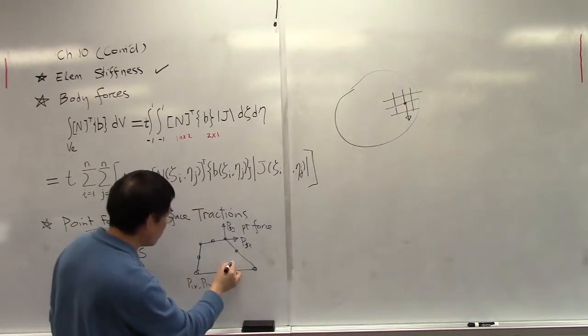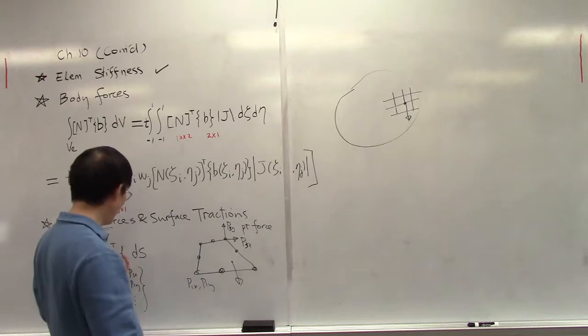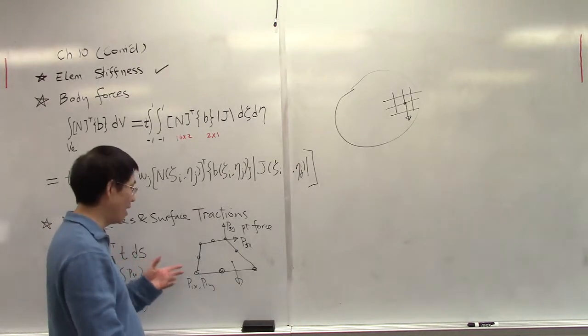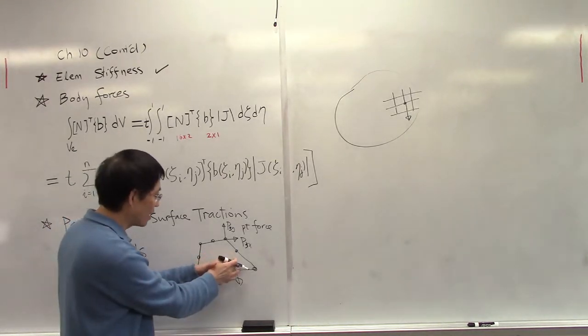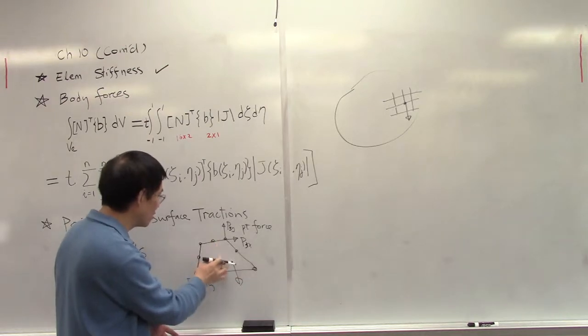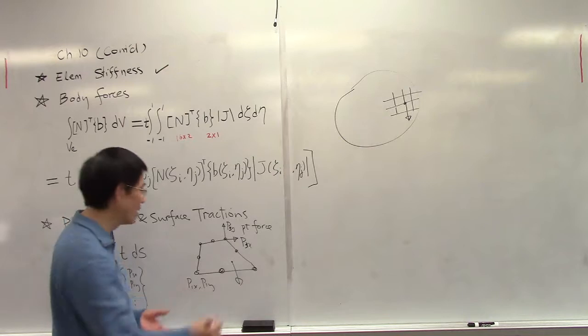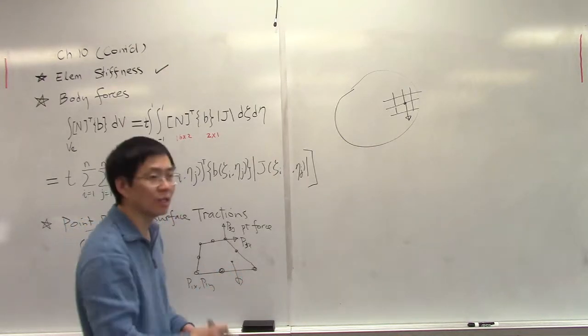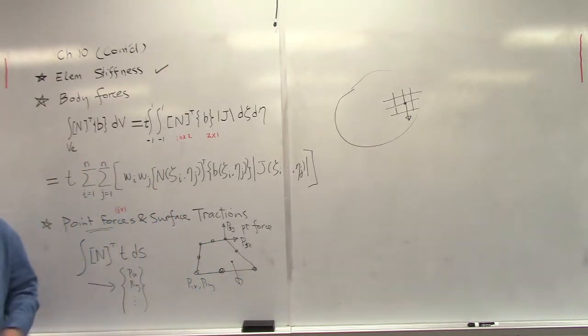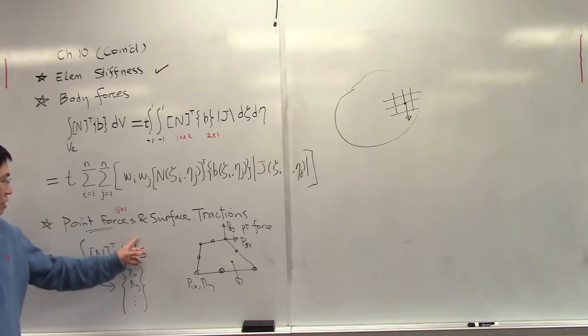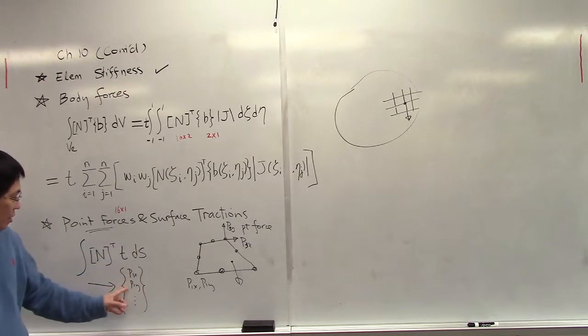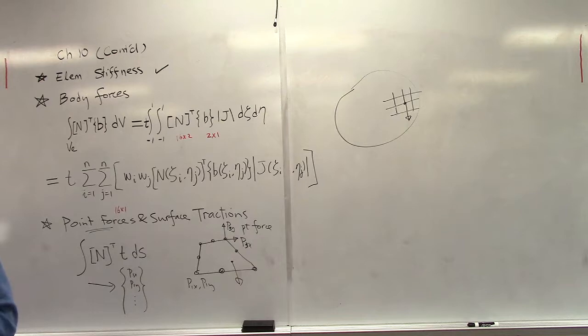Otherwise, if there is a point force here, you will really have to do integration and find out what's the contribution and distribute it into those nodal positions. That will be a pain to do. Why not just put a node here and remesh it again? Okay. So if the point forces are on the node, you directly put those force components at the corresponding nodal position, and that will be it.